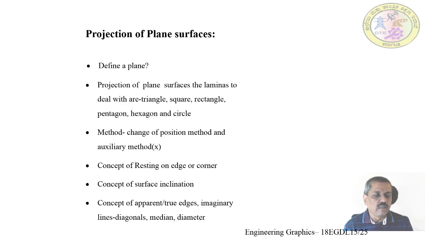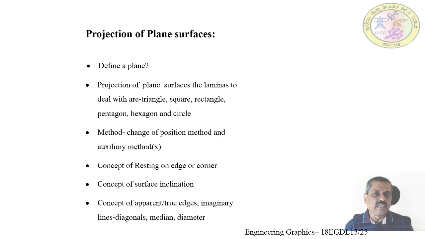What are the plane surfaces which we deal with in projection of plane surfaces? In this chapter, again, we consider only the first quadrant, where we are standing in front of VP and we put the object between the observer and the plane of projection.